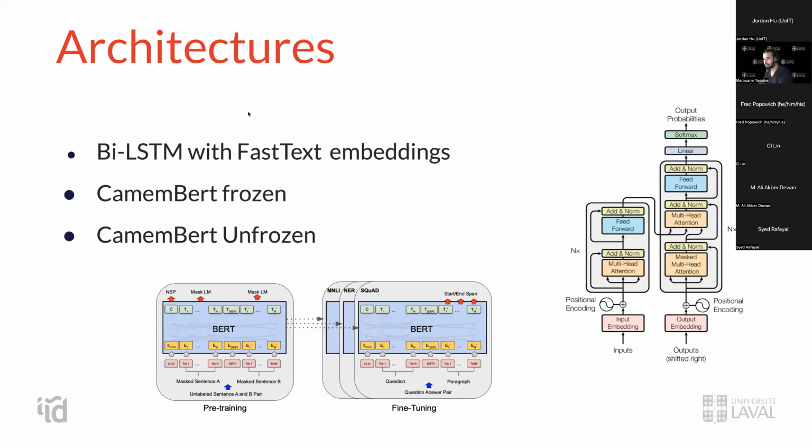As I'm sure a lot of you are familiar with LSTMs, the second architecture we're using is Camembert, which is a transformer network based on the RoBERTa transformer network, which itself is based on the very famous BERT transformer encoder. I'm not going into details of how these networks work, but you can check out the corresponding articles, which I would greatly recommend, since they've revolutionized the world of natural language processing.